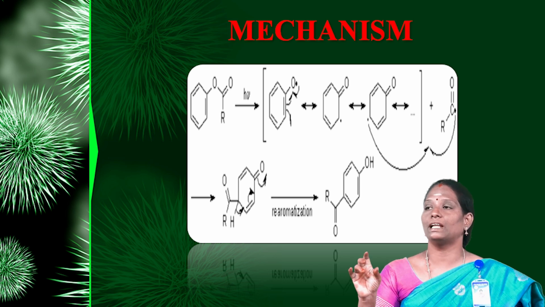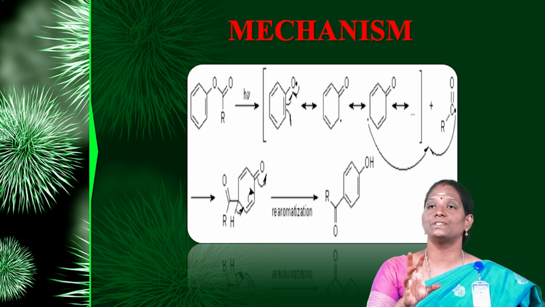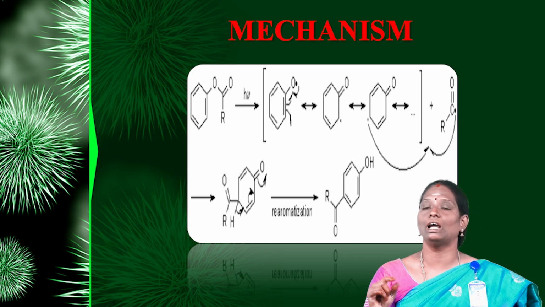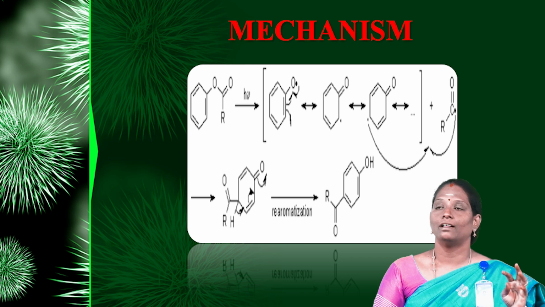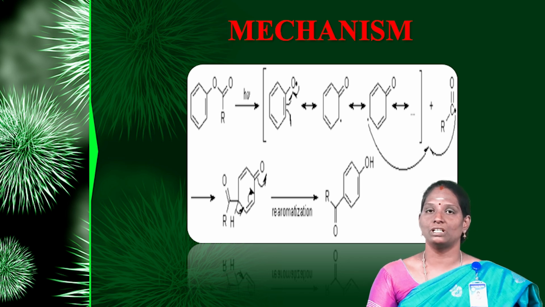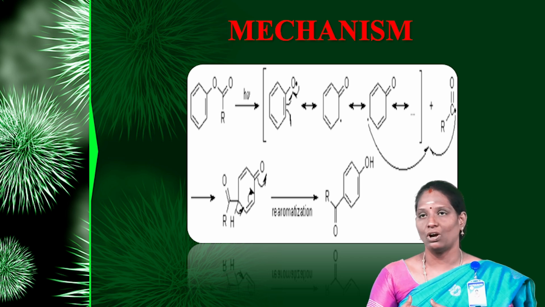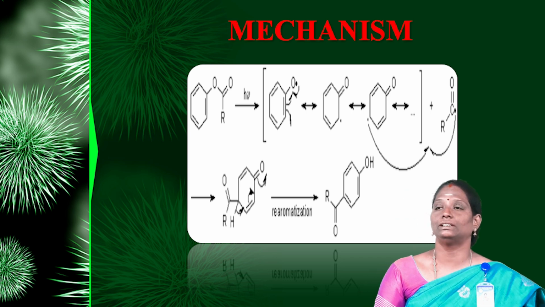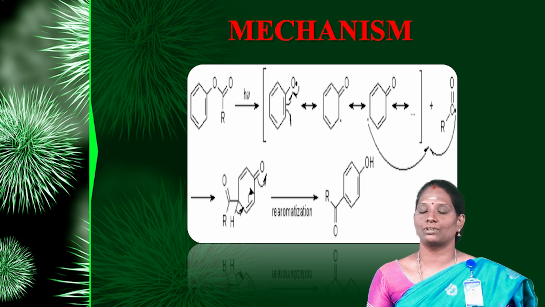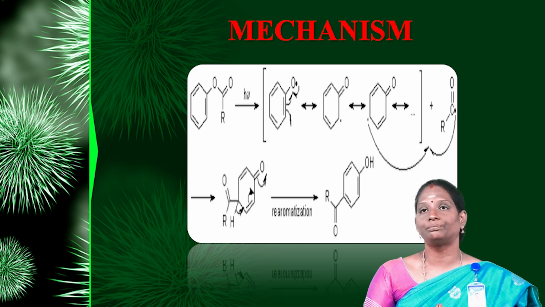Initially, the carbonyl oxygen belonging to the acyl group forms a complex with the Lewis acid catalyst, usually aluminum trichloride. The formation of the complex with the carbonyl oxygen is favored over complexation of the phenolic oxygen since the carbonyl oxygen is richer in electrons and is therefore a better Lewis base.